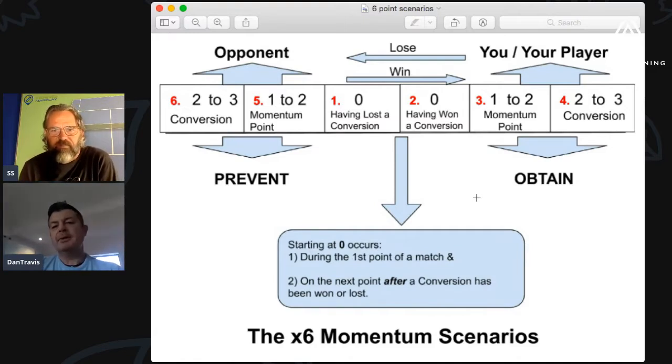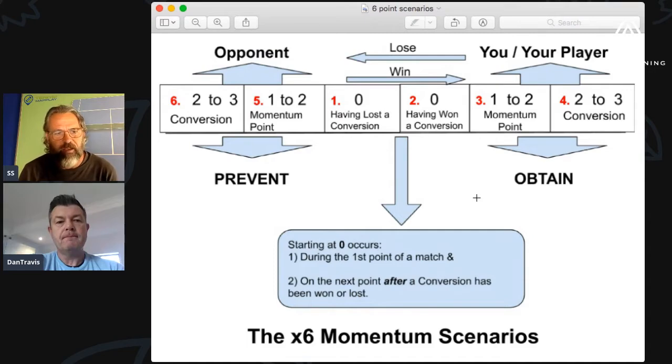What happens without having a knowledge of the scenarios or momentum, would you say, Sterling? What happens with the player and the coach to some extent? Emotion becomes a big part of the game, bigger than I believe it should be.